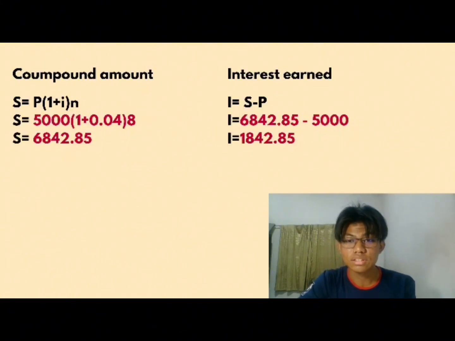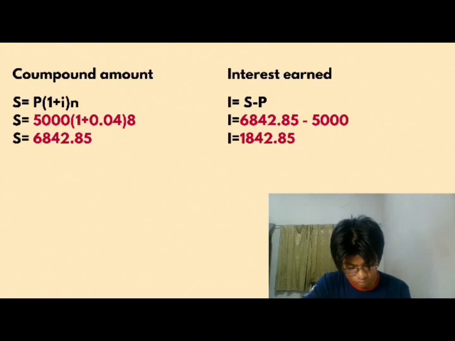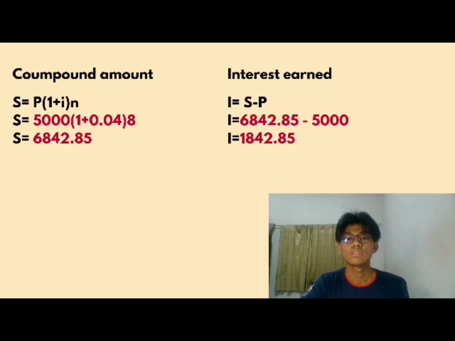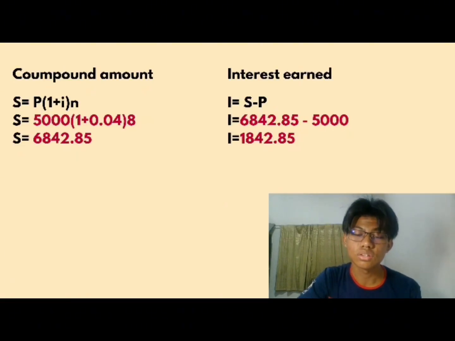The formula for interest earned is I equals S minus P. For S we get 6,842.85, and for P in the question, which is 5,000.